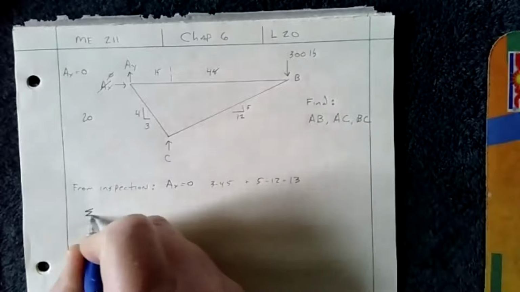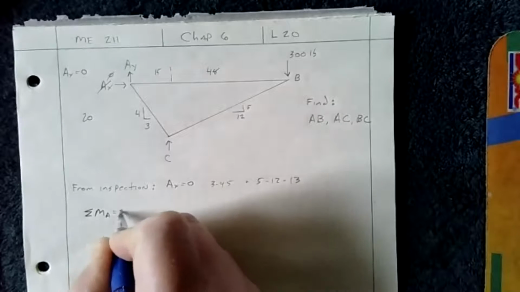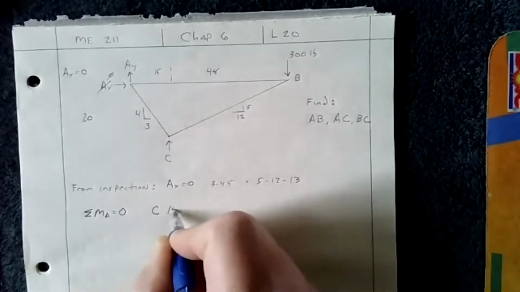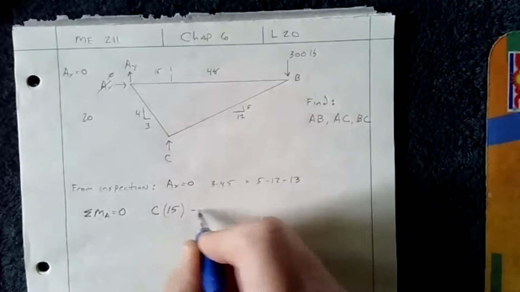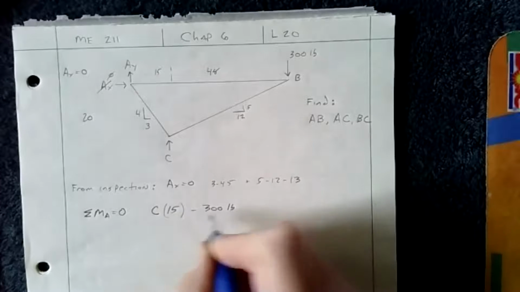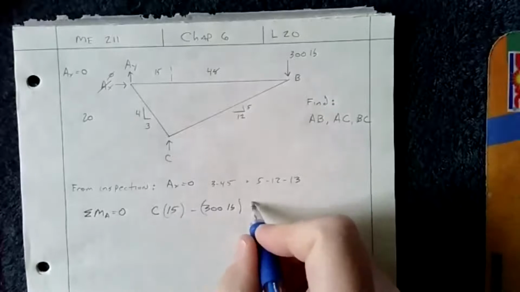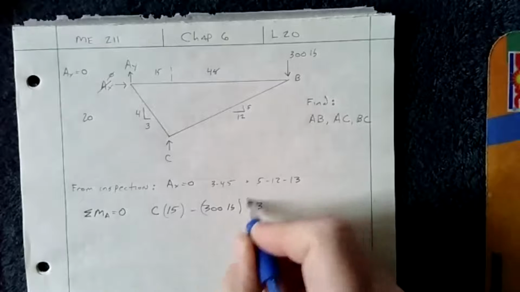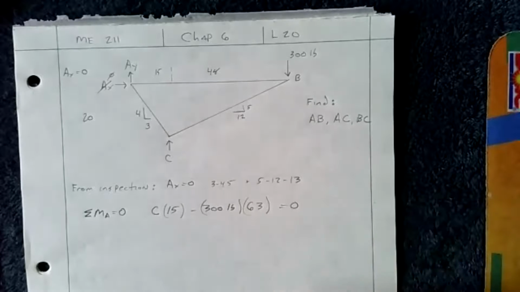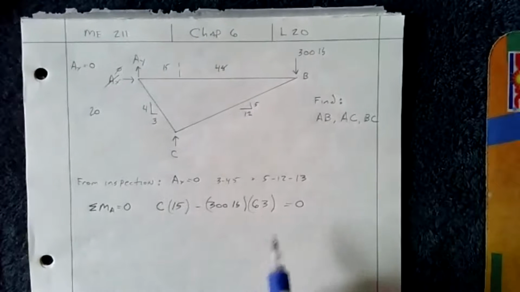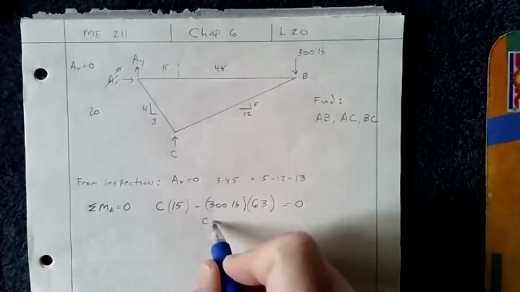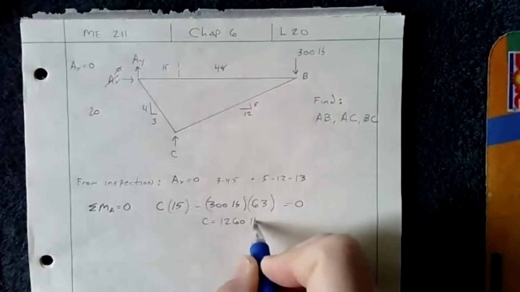Or if we write it out, sum of the moments about A equals 0, we get C times 15 minus 300 pounds times 63 equals 0. That's just 48 plus 15. So solving, we get C equals 1260 pounds.